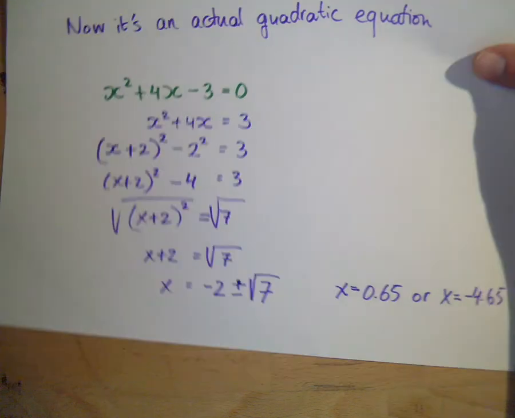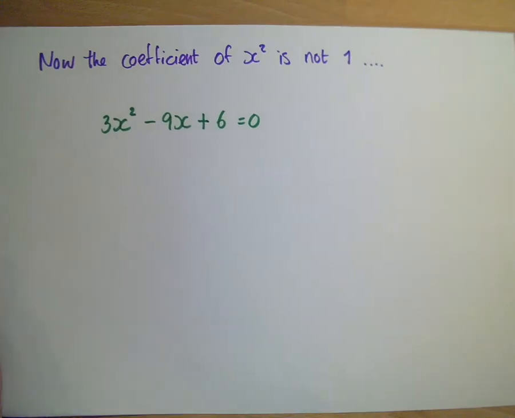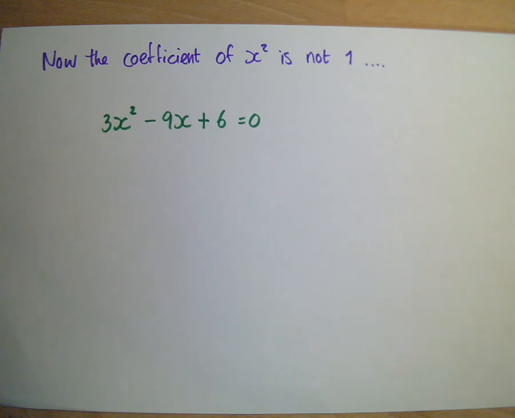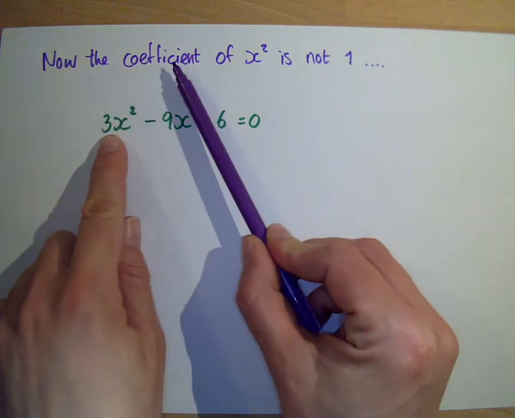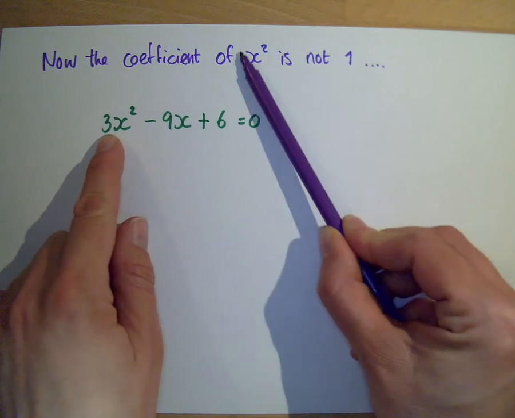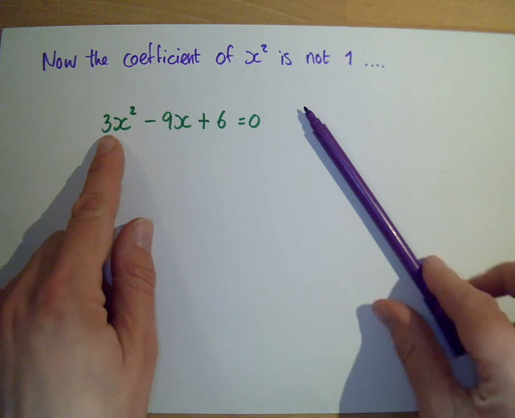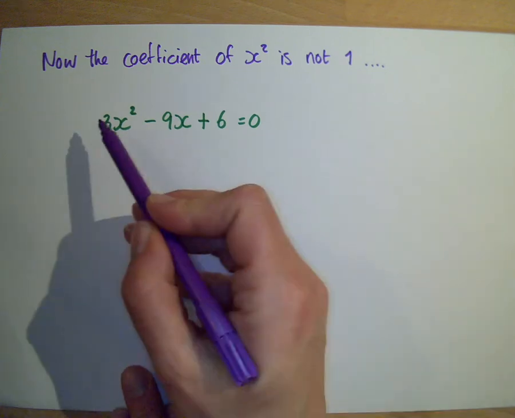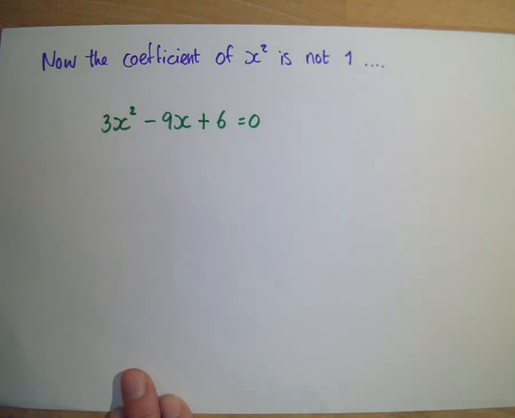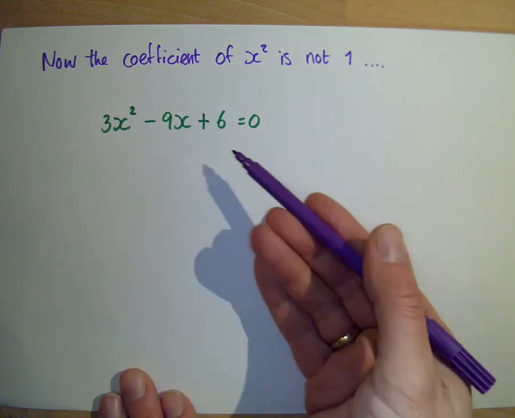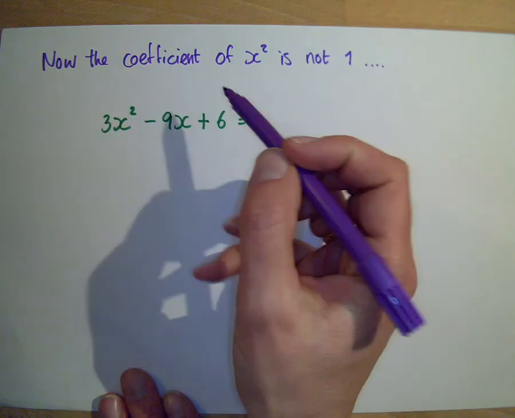What if the coefficient of your quadratic equation is not 1? Say it's 3. The coefficient of your x squared term is not 1, right? Because up to now they have been, and it's been fairly easy. What if it's like 3? We need to do something about that before we can complete the square.